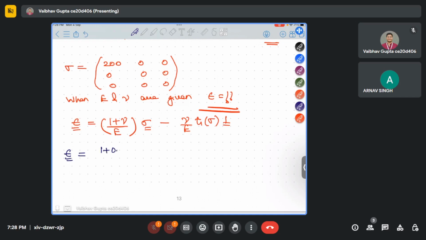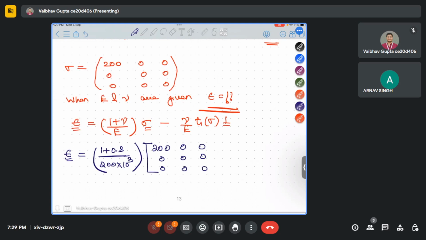1 plus 0.3 given, upon 200 into 10 to the power 3 Newton per mm square. Just now I told you how to convert 200 GPa to Newton per mm square. This is the matrix 200, 0, 0, 0, 0, 0, 0, 0, 0, minus 0.3 upon the given value 200 into 10 to the power 3.